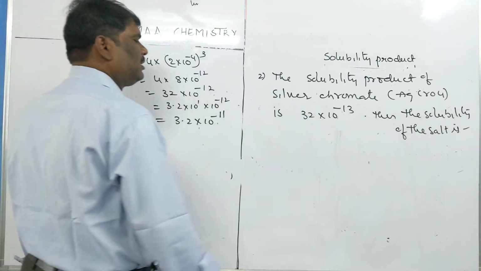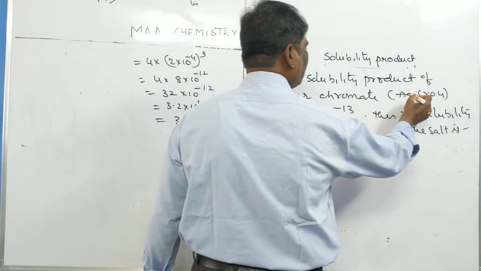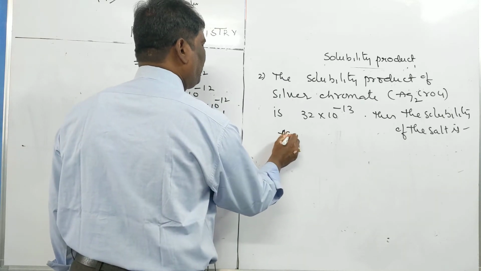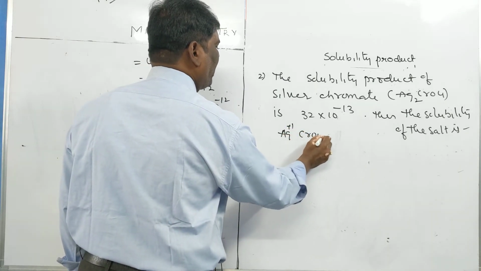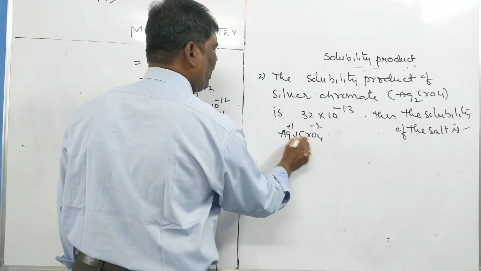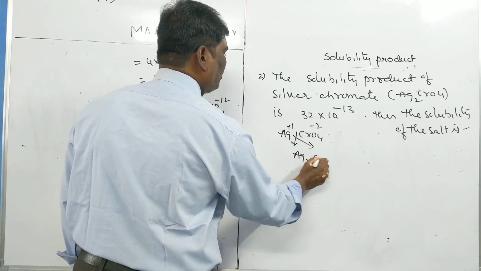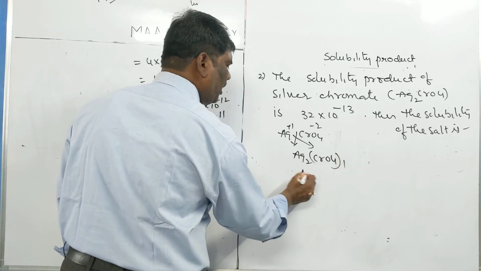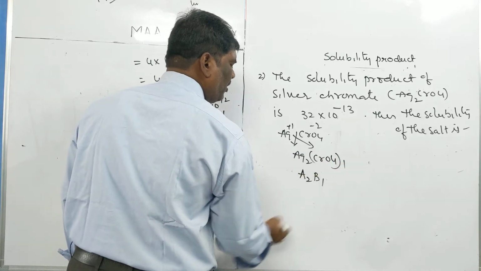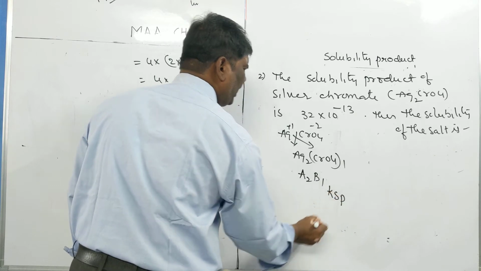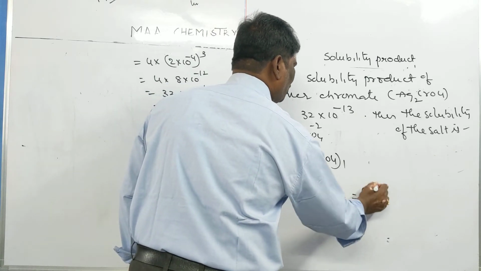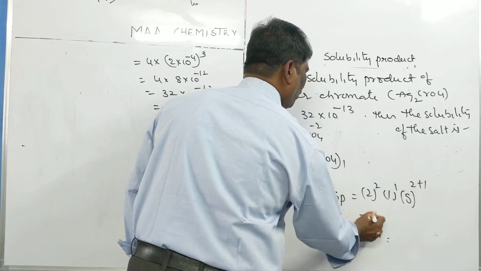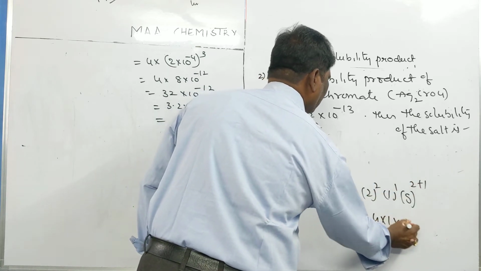Here again, please remember the formula is Ag2CrO4, because Ag is plus 1 and chromate is minus 2. That's why the formula is Ag2CrO4, in the form of A2B1 type. For A2B1 type, what is the KSP? 2² 1¹ S^(2+1), which is 4 × 1 × S³.